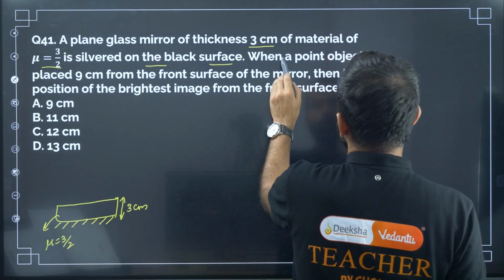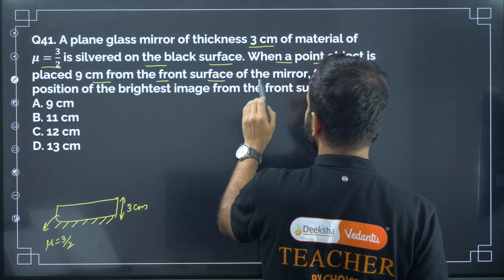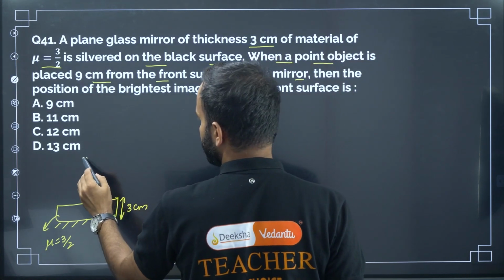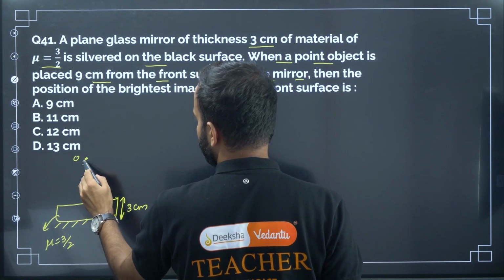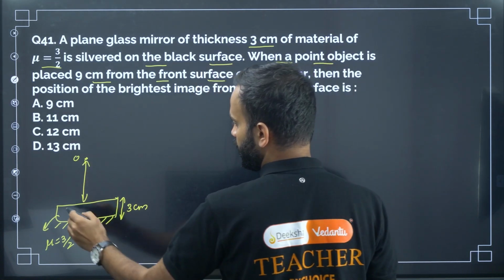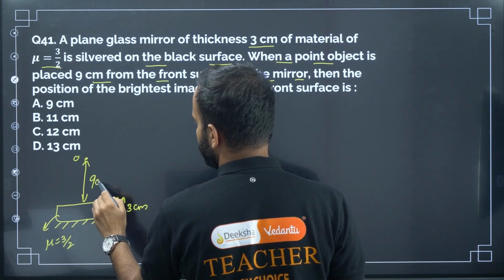When a point object O is placed 9 cm from the front surface of the mirror.